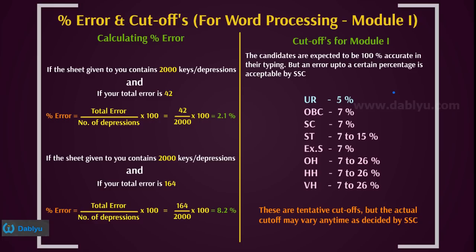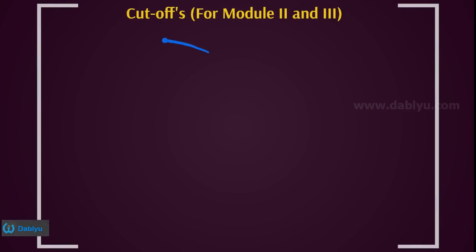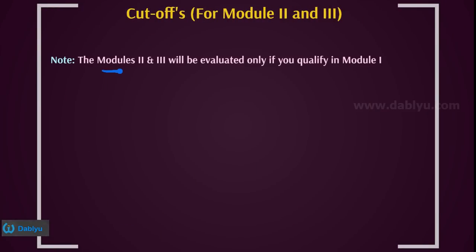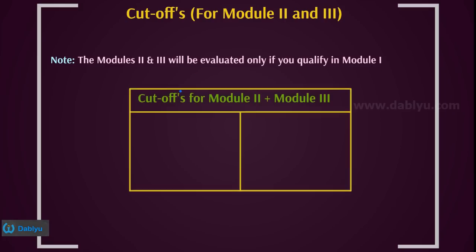Okay, so now let's get into the next slide where we'll be talking about cutoffs for module 2 and 3. As I've told you before, module 2 and 3 will not be evaluated if you don't qualify in module 1. They'll be evaluated only if you qualify in module 1. So let's look at the cutoffs. Generally the cutoffs will be calculated like this.